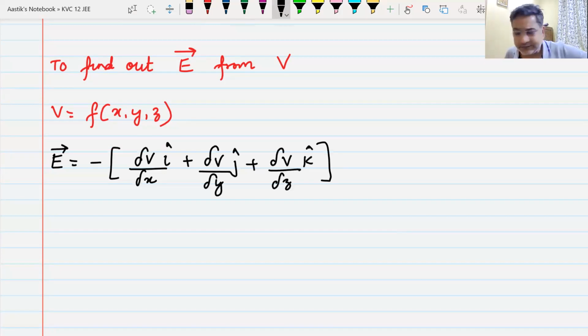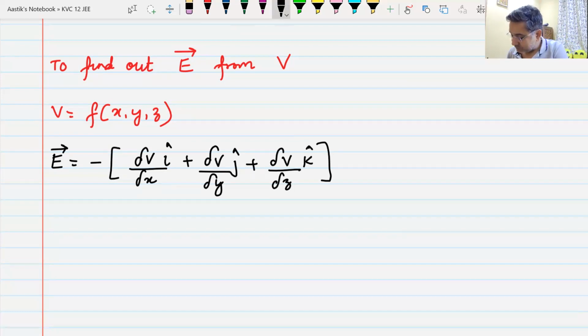What is this del? Anyone has heard about this del? Partial differentiation, sir. Partial derivative. You know partial derivatives? Yes or no? That's good enough. That is good enough to solve any question. Can I give you a question now straight away?